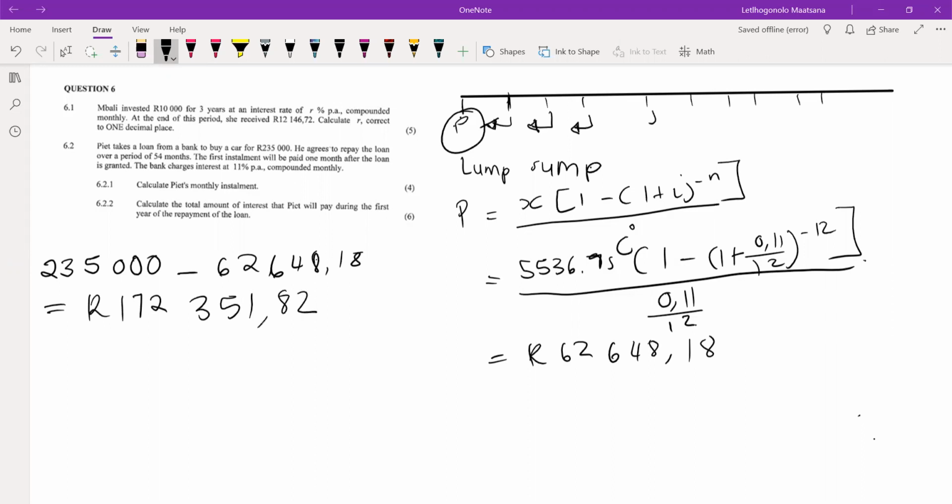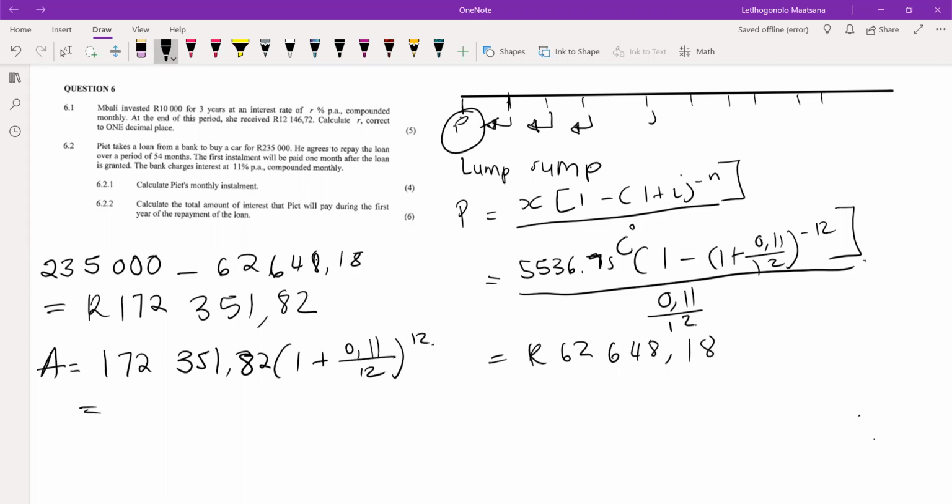And we understand, still thinking that Pete is not paying anything, this amount needs to grow within that year, right? So what does it grow to? Using our compound interest equation, we will calculate what this amount grows to within that year.